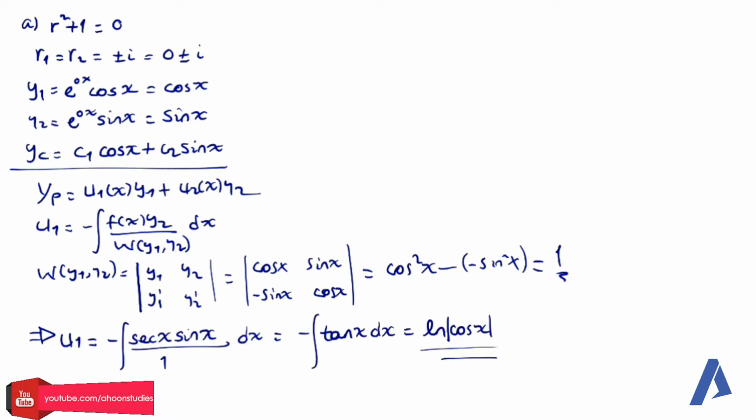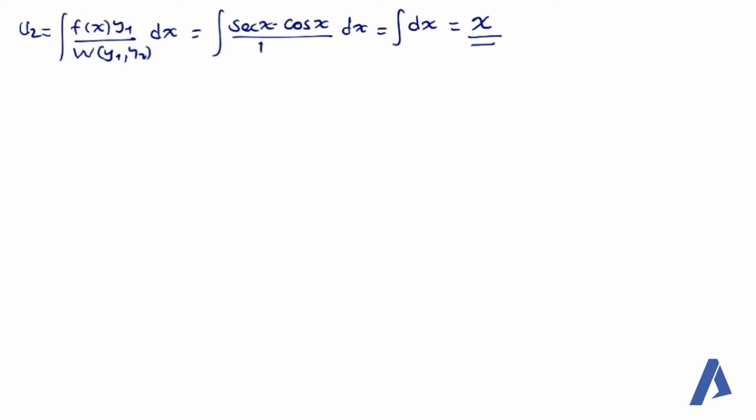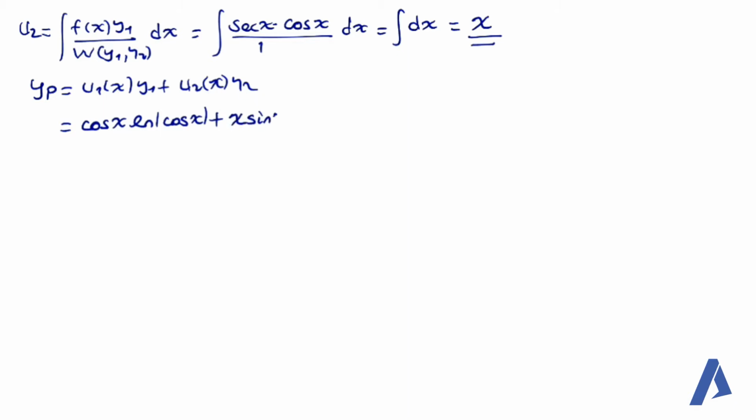u1 በፎርሙላው መሰረት substitute ስናደርግ it becomes minus the integral of tan x which is equal to ln of cos x። ከዛ u2ን ደግሞ similarly calculate እናደርጋለን it becomes the integral of dx which is equal to x። ስለዚህ finally our particular solution becomes u1 of x times y1 plus u2 of x times y2 ይህንን substitute ስናደርገው it becomes cos x times ln of cos x plus x, u2 is sin x.